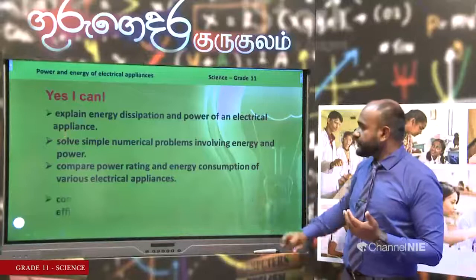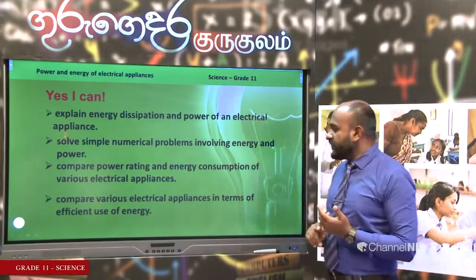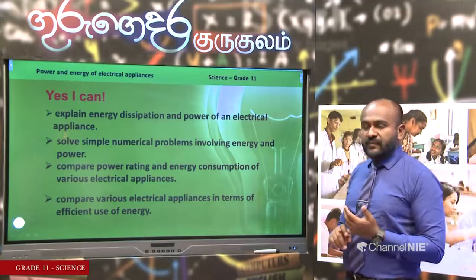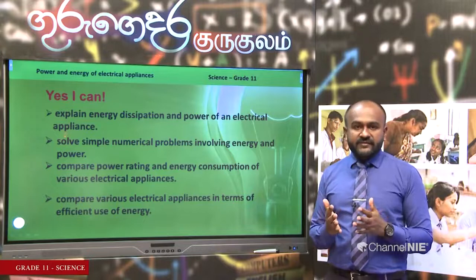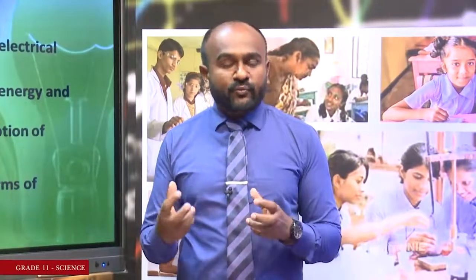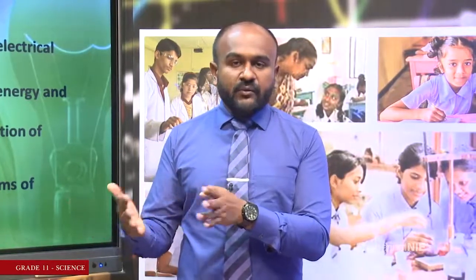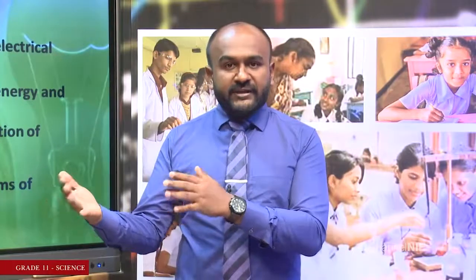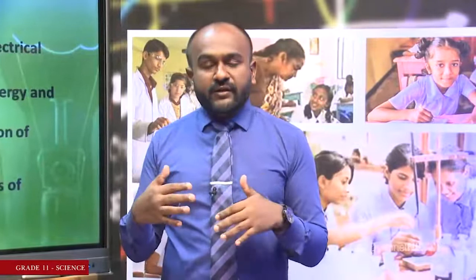Compare various electrical appliances in terms of efficient use of energy. Nowadays there are energy efficient electrical appliances to save energy. This is something that we need to do, because there is a bigger demand for energy and most of the energy resources are limited, and most of the energy resources that we use nowadays are non-renewable.